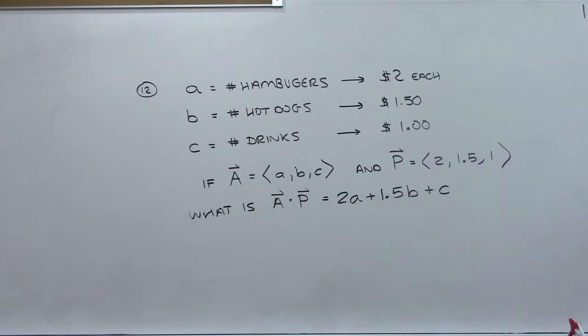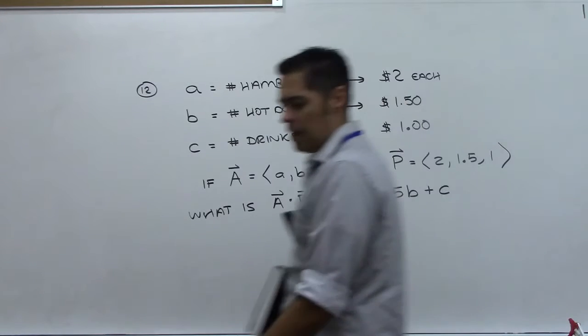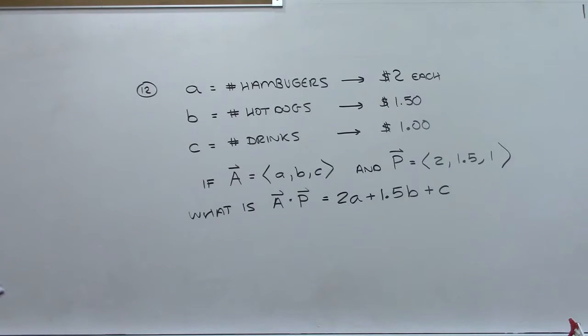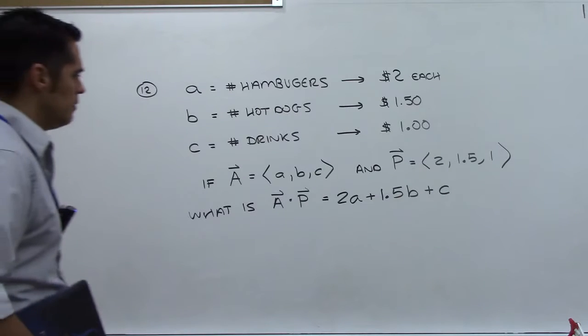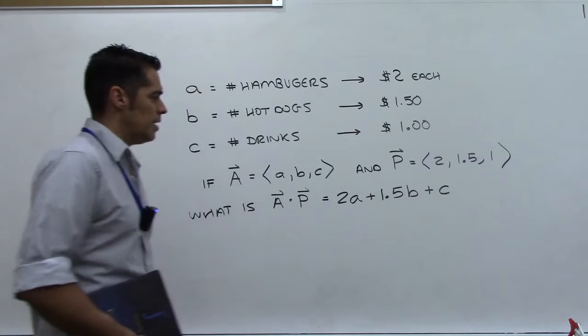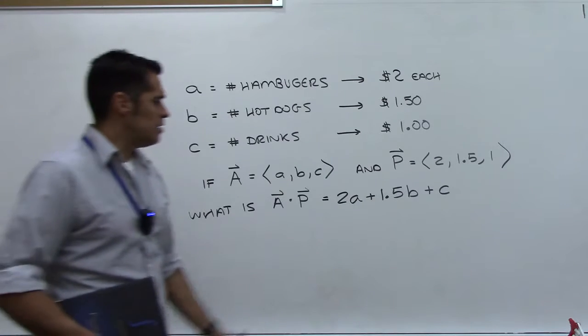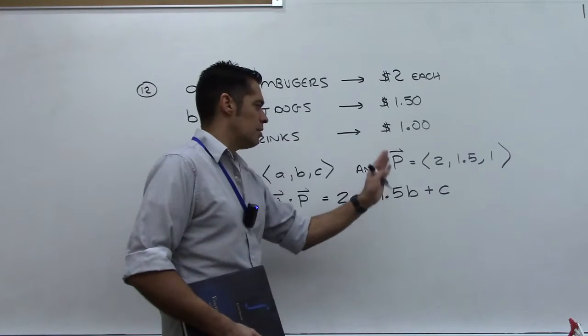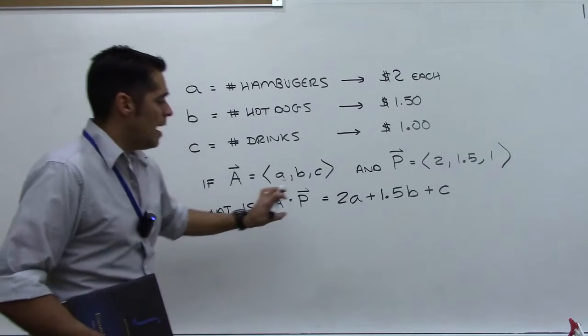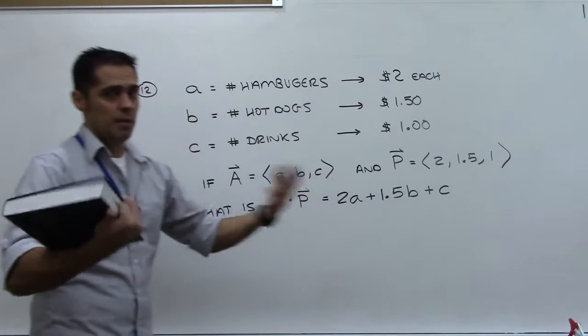And what would that quantity represent? What would A dot P mean to us? This would be the total revenue for the person selling these things, right? So if somebody tells me how many hamburgers, hot dogs, and drinks I sold, then that formula right there would give me all the money that I brought in.